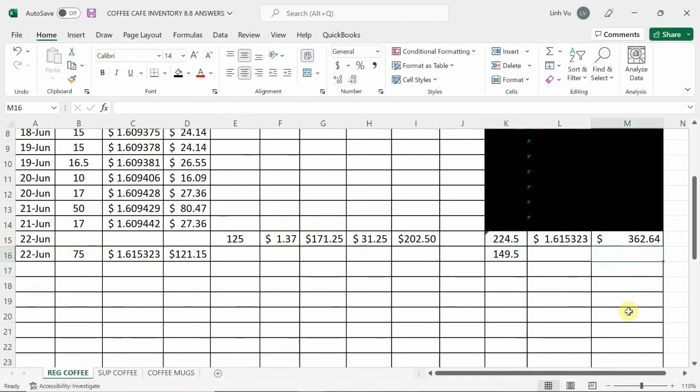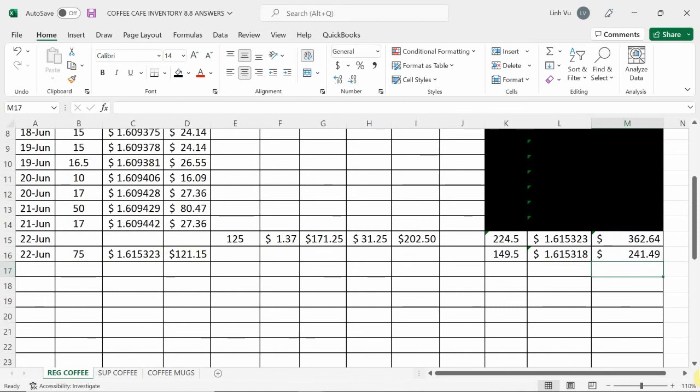If I started out with $362.64 and I just sold $121.15, how much should I have left? $241.49.